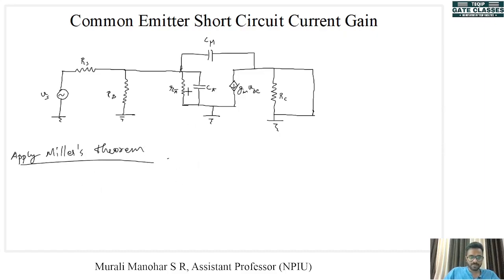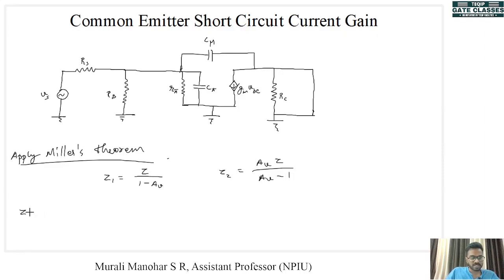So we know that there is an impedance between input and output terminals, which is Z. So Z1, that is the input terminal impedance, will be given by Z divided by 1 minus A, where A is the voltage gain. So let's represent it by AV, and Z2 is equal to AV into Z divided by AV minus 1.